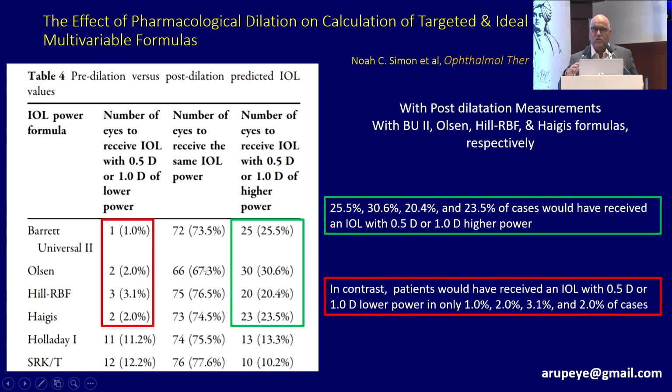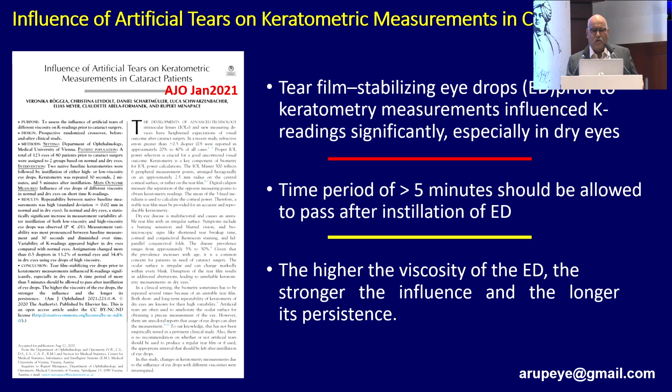So if we use the biometric parameters obtained after dilating the eye in the modern formulas, you are expected to end up calculating a lens which is half to 1 diopter higher. So the patient will have a myopic outcome. So I always tell these patients that I'm dilating your eye for me to get accurate results, but in 25% of the time, I may be off the target refraction, a myopic error by 0.5 to 1 diopter. The patient is counseled accordingly.